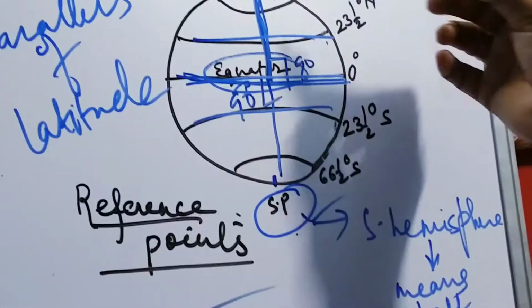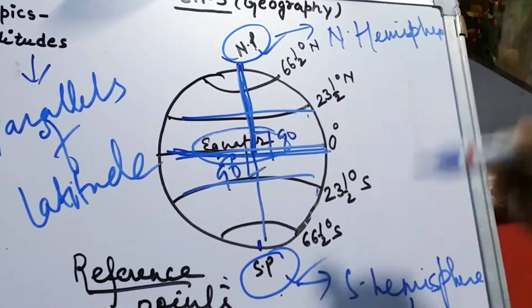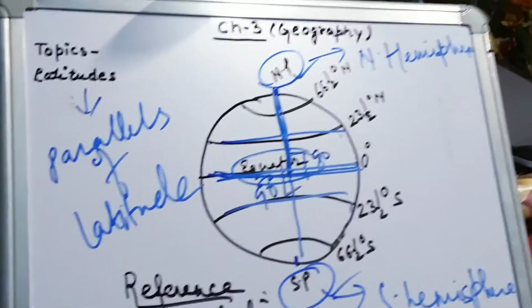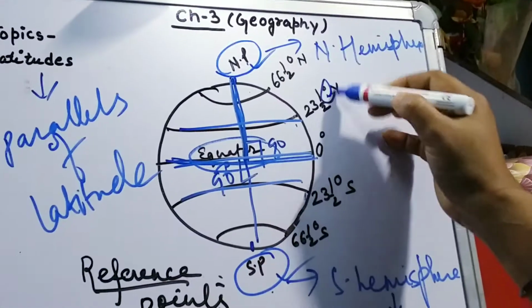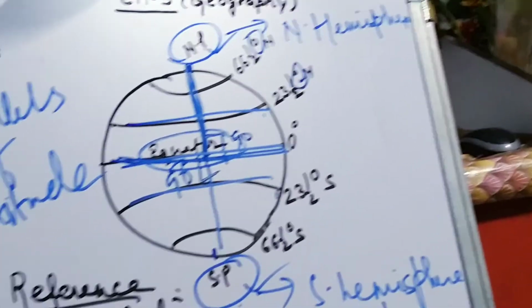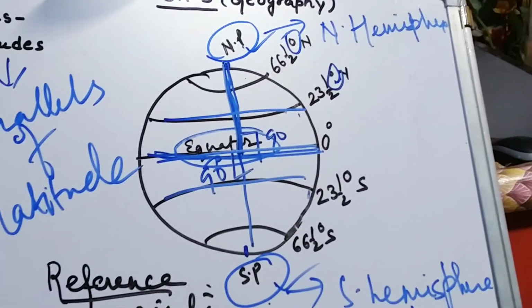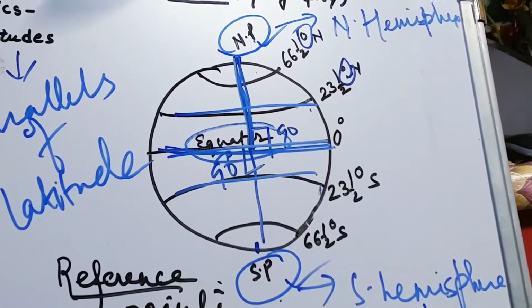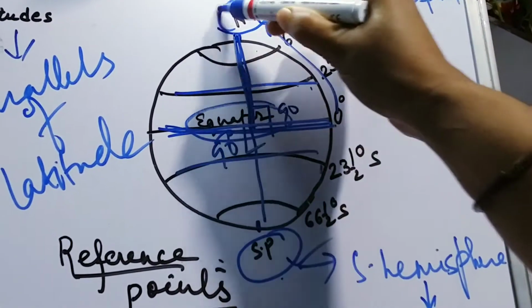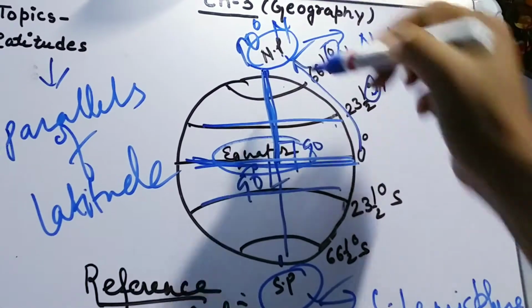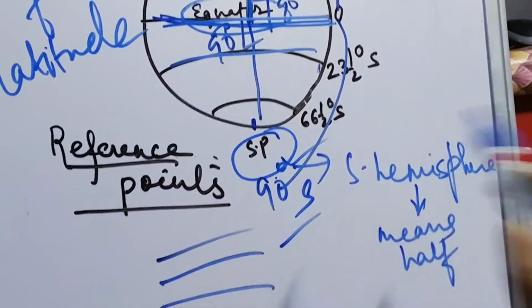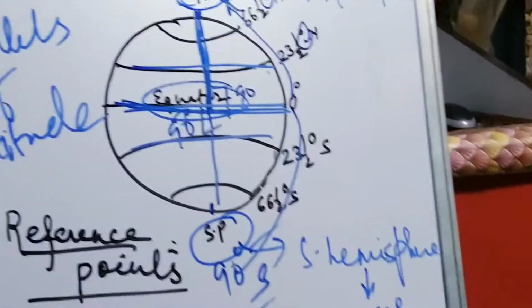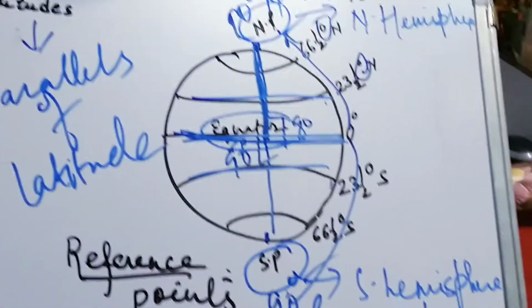And we will now study these parallels of latitude. The latitudes are always expressed in degrees. So 0 to 90 degree north and 0 to 90 degree south. So the total is 180.